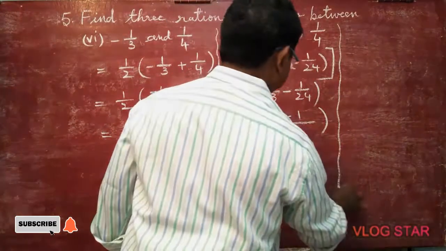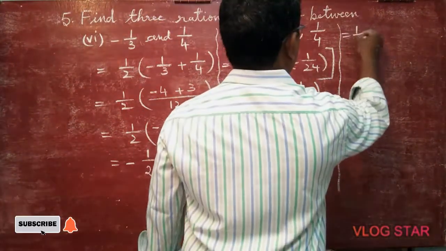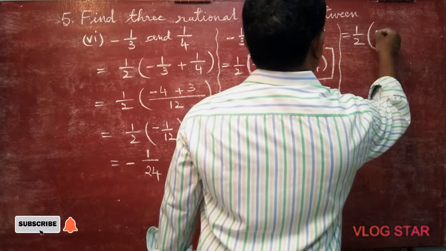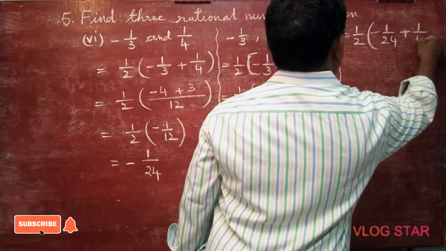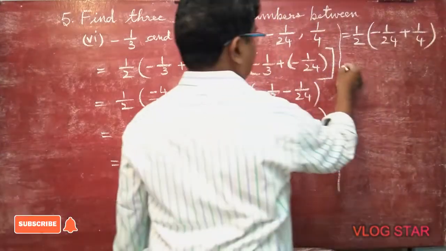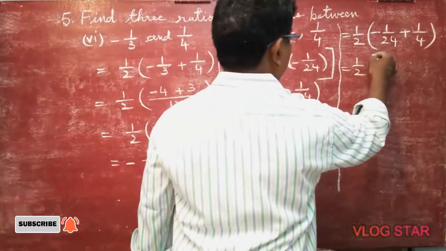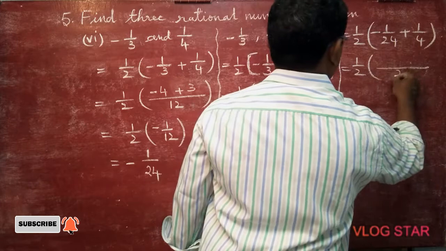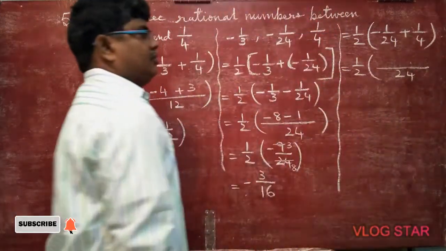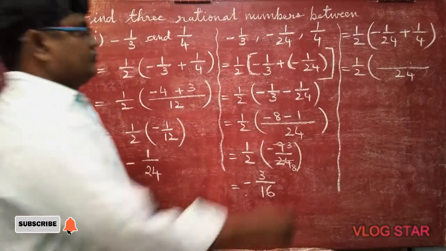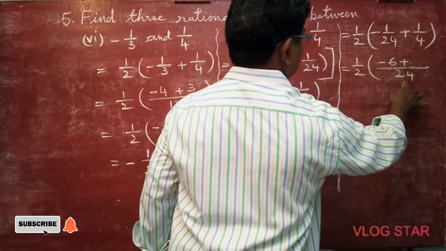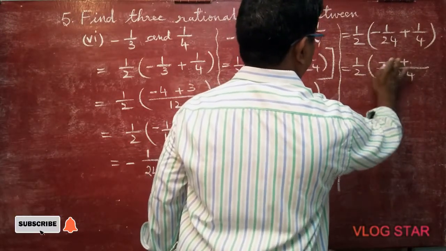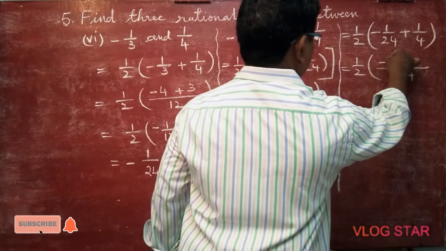Coming to the next. Half of minus 1 by 24 plus 1 by 4. Now here also 24 is the LCM for 4 and 24. 4 goes 6 times, so minus 6... 24 goes in 24 one time, so minus 1.